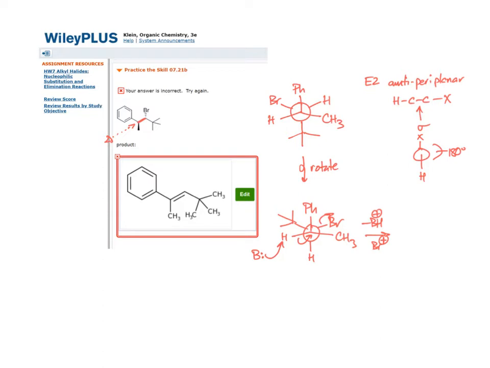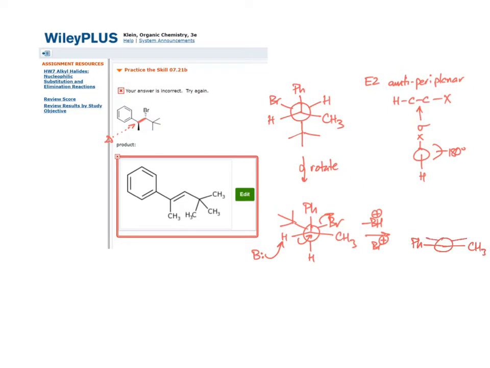And so when we do that, this gives us the orientation that the phenyl group and the tert-butyl are on the same side. The H and the CH3 are then on the same side of the alkene that's formed. So we could do a Newman projection of that as well. You're allowed to do that. With the front carbon, I'm going to say Ph, CH3.